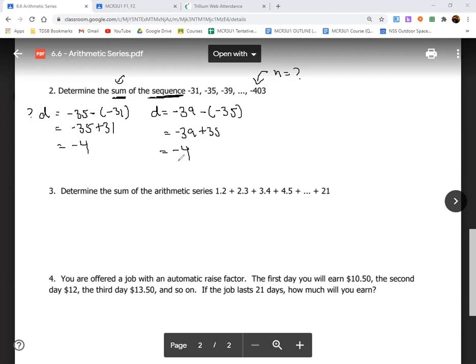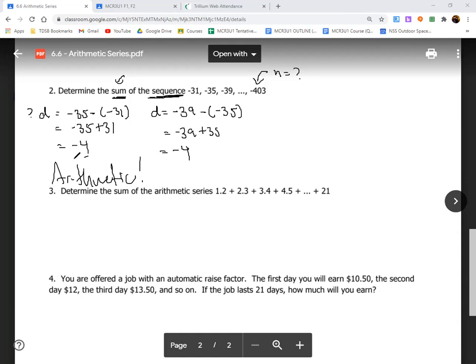Yeah, it's consistent. So I know that this is arithmetic. Okay. It would be terrible if you thought it was arithmetic and it happened to be geometric, right? So right now, I know we didn't have to do it because we didn't learn geometric yet, but it's a good thing to practice, okay?